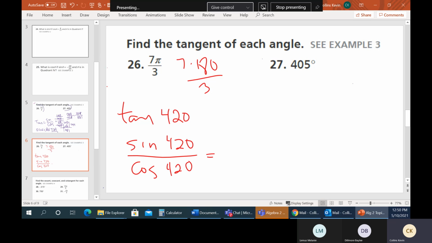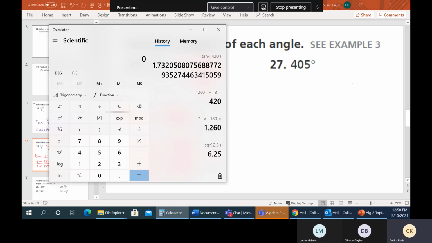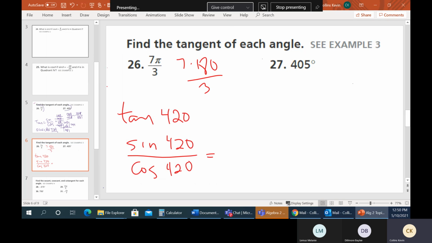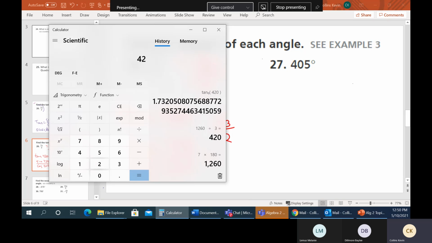All right, so let's do that. So we got 420. We take the sine, and we get 0.866. So that would be the square root of 3 over 2, right? And now let's do the cosine. So we do 420, and we do cosine.